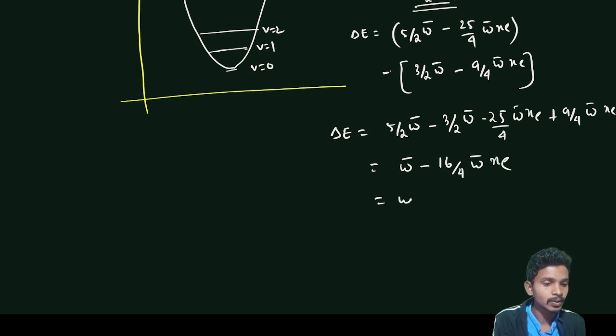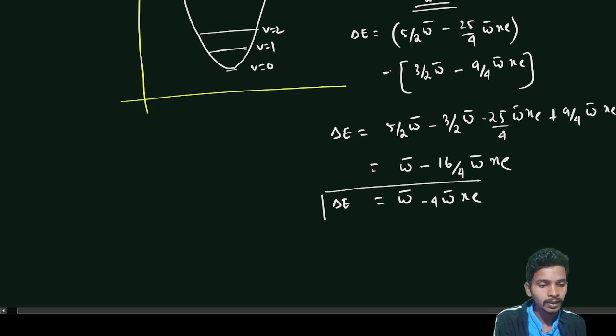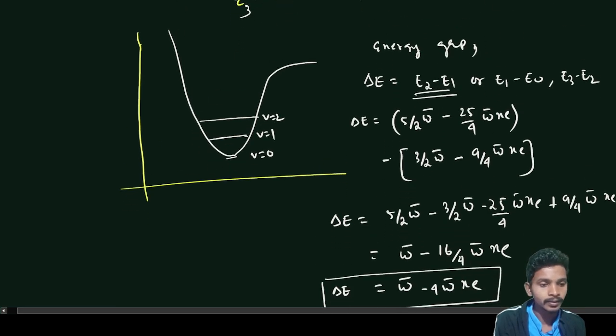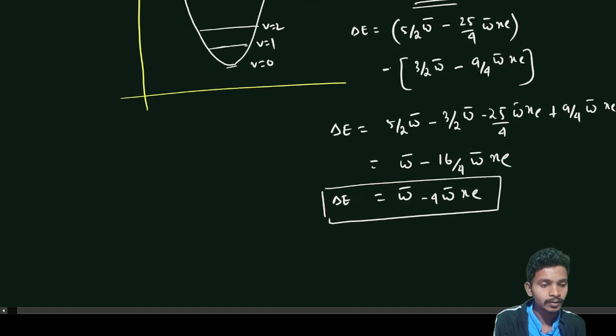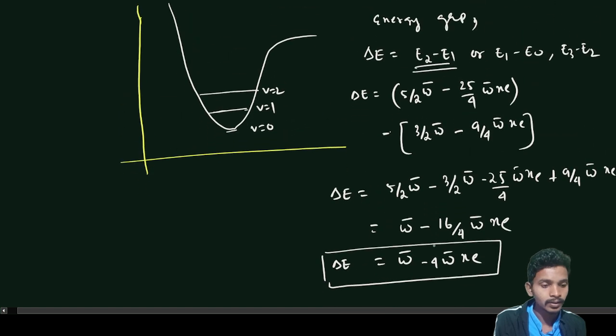So this value actually gives omega, and delta E is omega minus 4 omega xe. Okay, so delta E value is this much, and this is for E2 minus E1 I did.